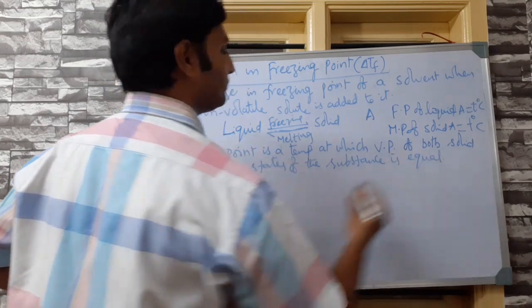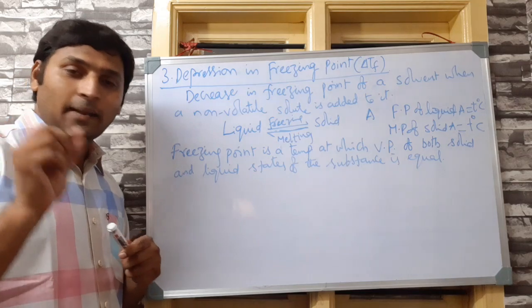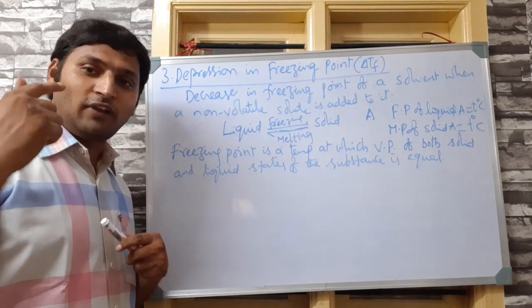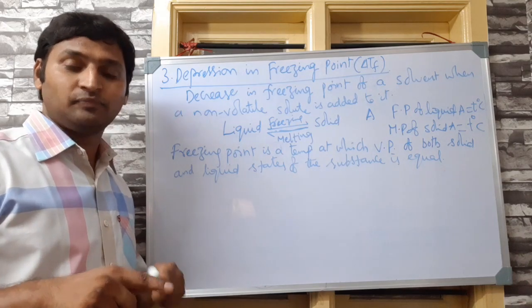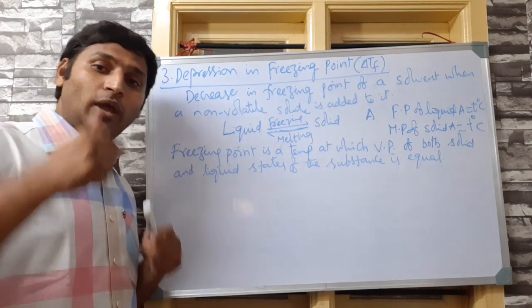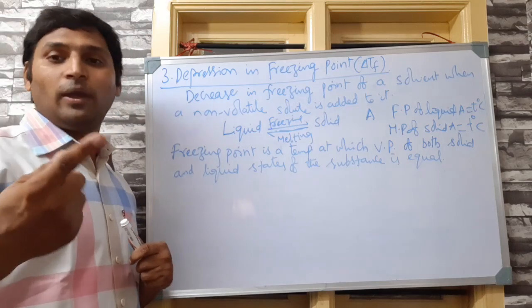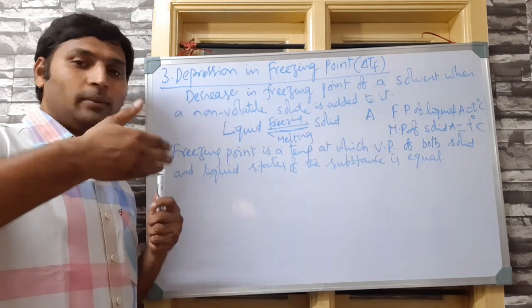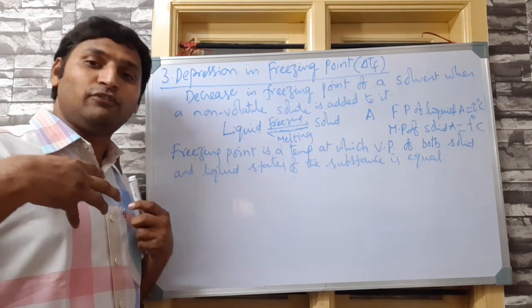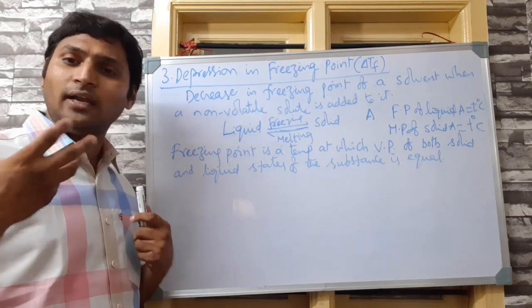Very simple. So please understand, the temperature at which vapor pressure of liquid substance equals the vapor pressure of solid substance is called freezing point. Or the temperature at which vapor pressure of solid substance equals the vapor pressure of liquid substance is called melting point. If you start the equilibrium with liquid, you call it freezing point. If you start the equilibrium with solid, you call it melting point.